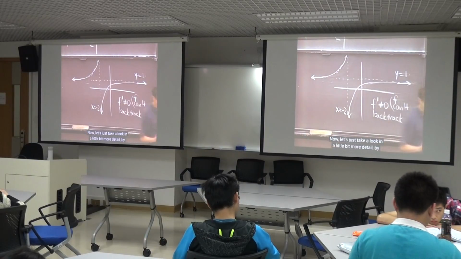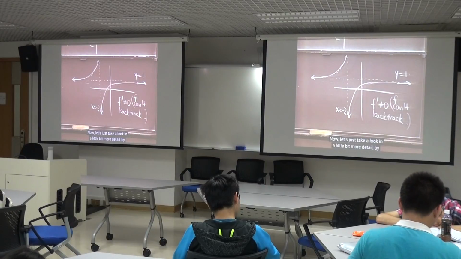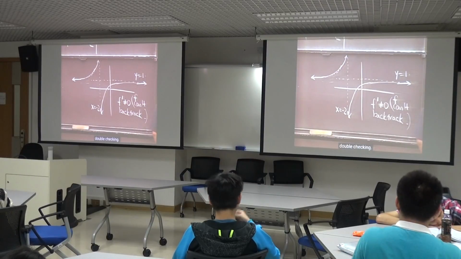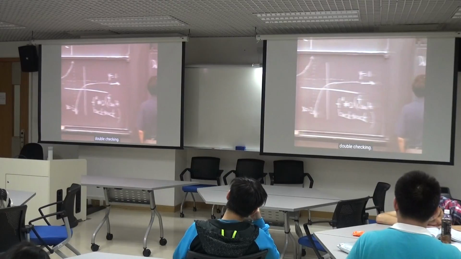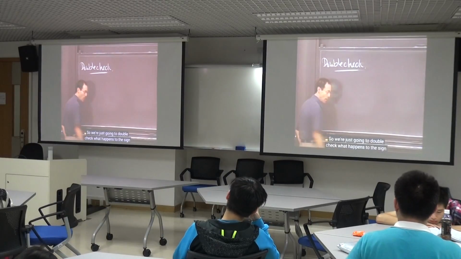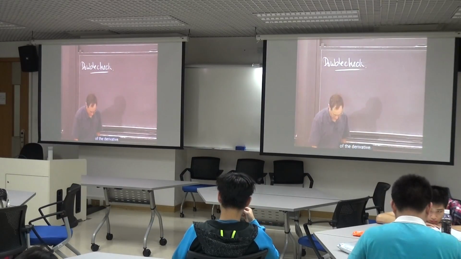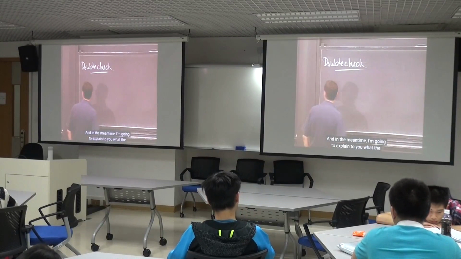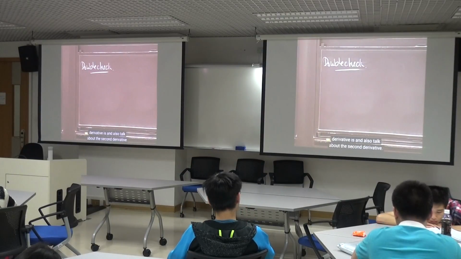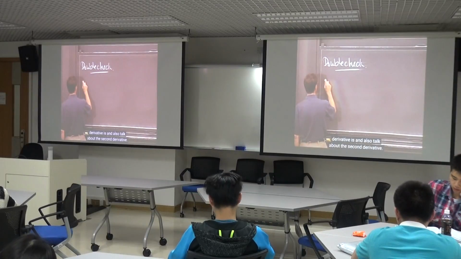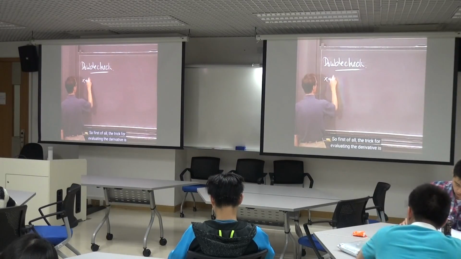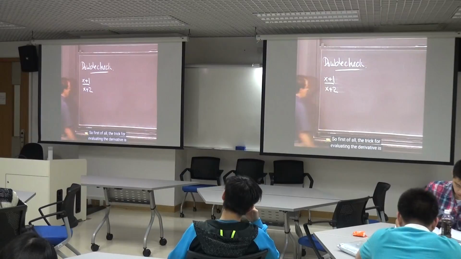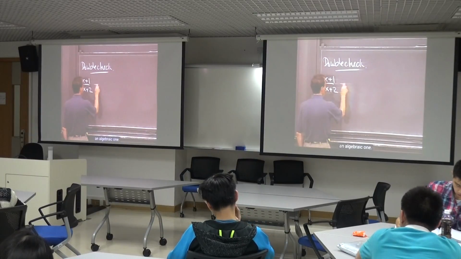Now let's just take a look in a little bit more detail by double checking. We're just going to double check what happens to the sign of the derivative. In the meantime, I'm going to explain what the derivative is and also talk about the second derivative. So first of all, the trick for evaluating the derivative is an algebraic one.